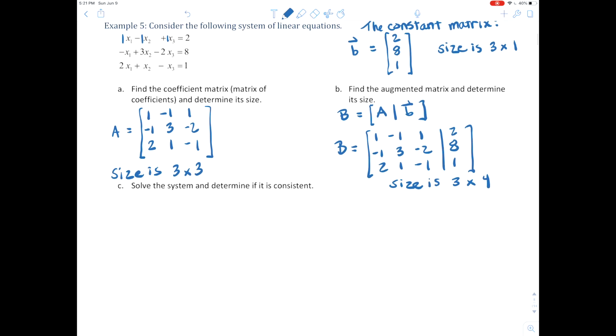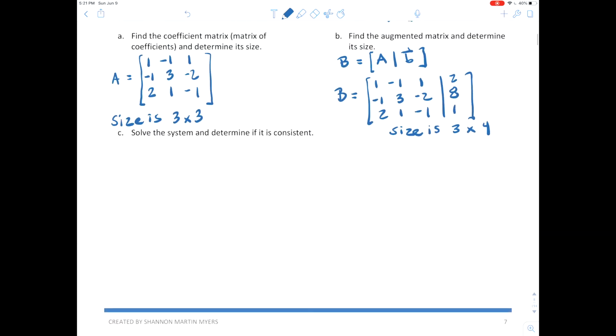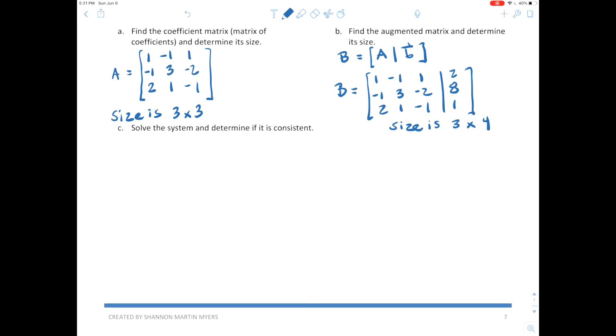Okay? All right, so let's solve this system and see if it's consistent. All right? So let's check it out. Here we go. Now, we use the notation like I emphasized before. So what I mean is this. We have this matrix here, and it was 1, negative 1, 1, and 2, negative 1, 3, negative 2, 8, 2, 1, negative 1, and 1.